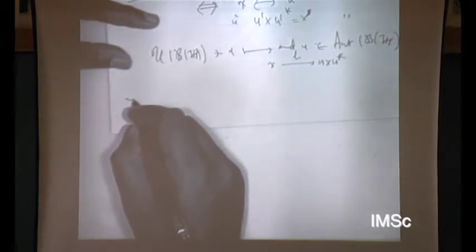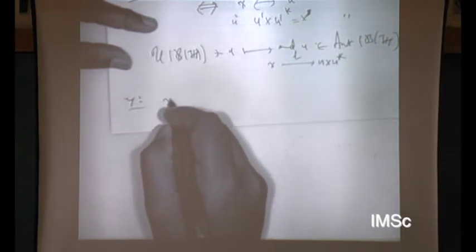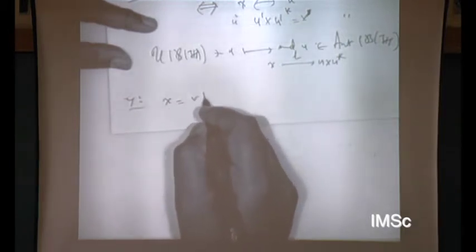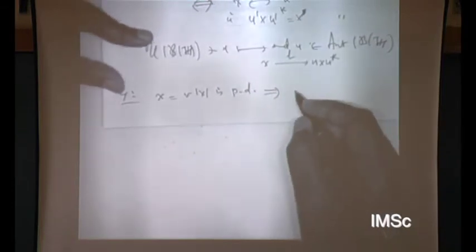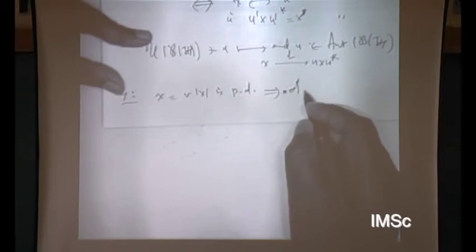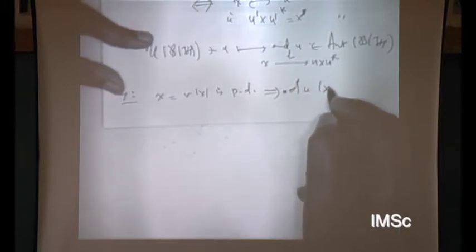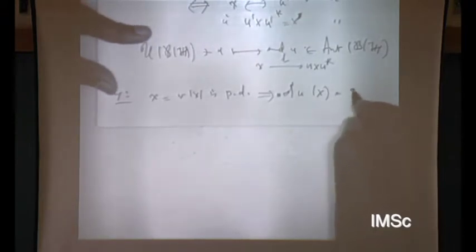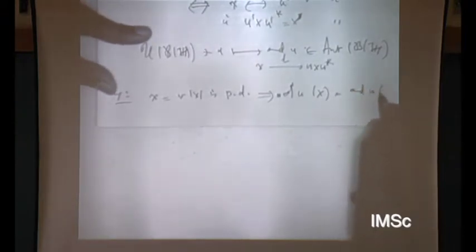So for example, if x equals v mod x is the polar decomposition in place, then Ad U of x equals Ad U of v times Ad U of mod x is the polar decomposition.